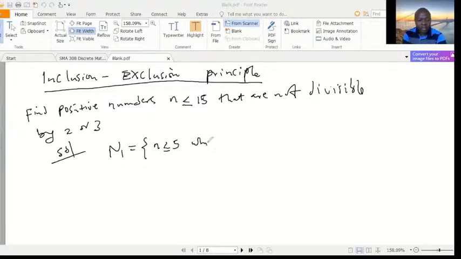Let me write it properly. Let this be the natural numbers, that means numbers from 1 and so on, which are less than or equal to 15, and 2 divides them.